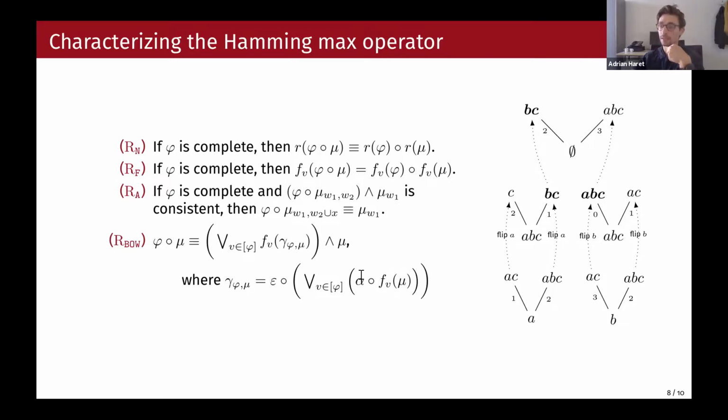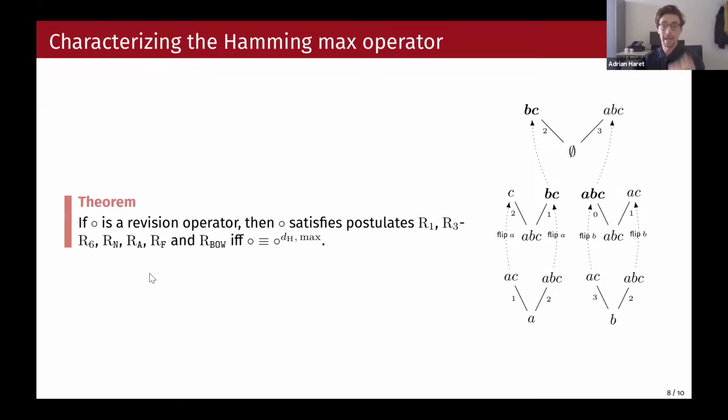And they are the models at the smallest distance to this full formula. And now, using the same kind of sequence of flips and renamings, and a special axiom that here is called best of worst, you can characterize the max operator in this way.